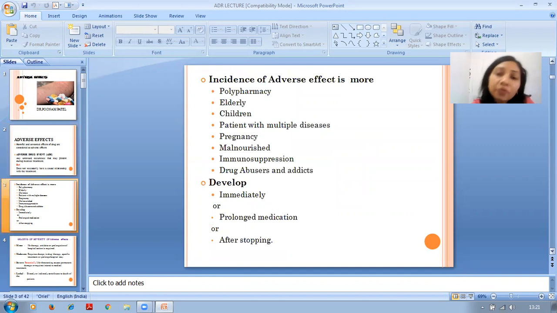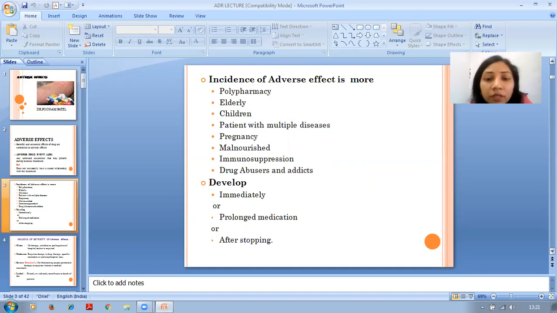So the incidence of adverse effects is more common with polypharmacy, meaning use of more than 3 to 4 drugs. Then in the elderly, adverse effects are again more common as there is use of many drugs due to different comorbid conditions. Then in children, adverse effects are again very common because their metabolizing capacity is limited and not very well developed.